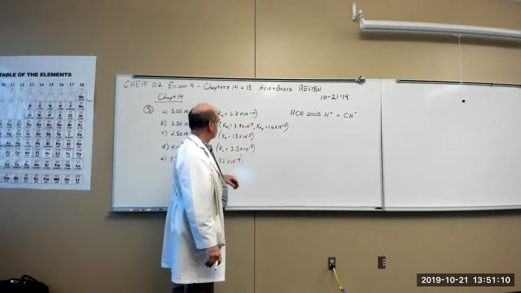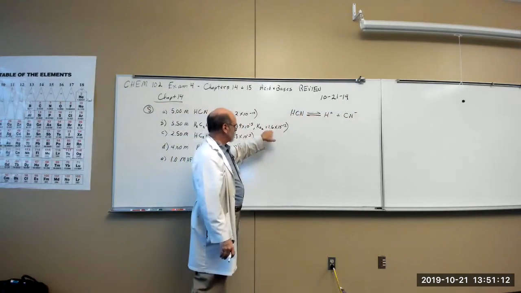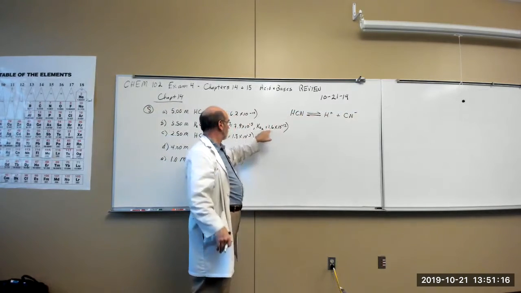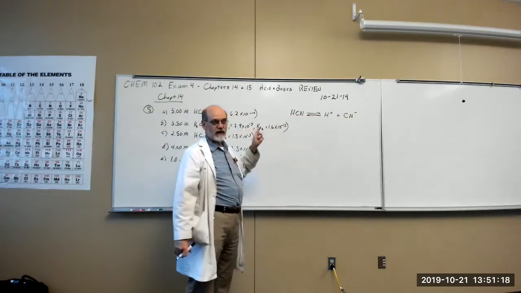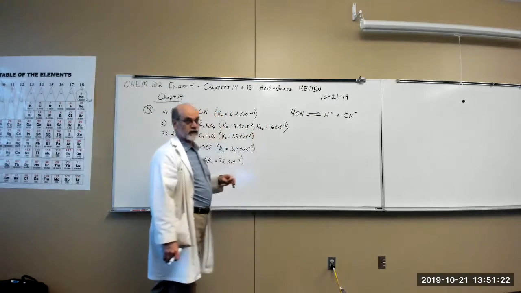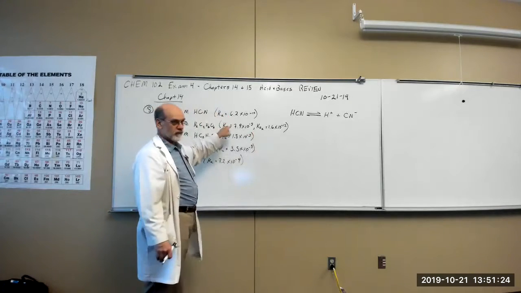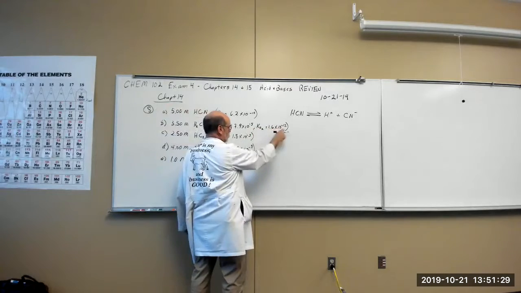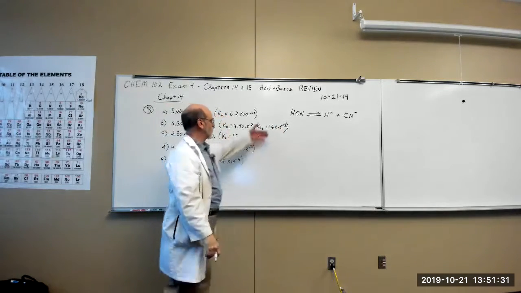And that one's not going to matter. Remember, we determined during the lecture that the first one is the one that matters. We did it for phosphoric acid, right, for determining the pH. That one's the one that matters because it's so much bigger than that one, 7 orders of magnitude here. So we can ignore this one.